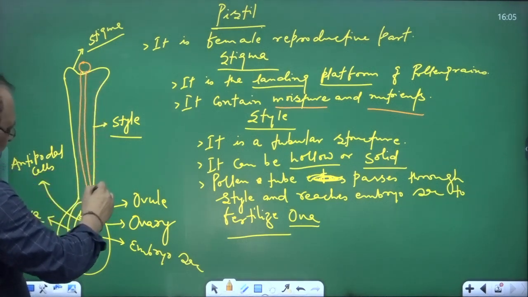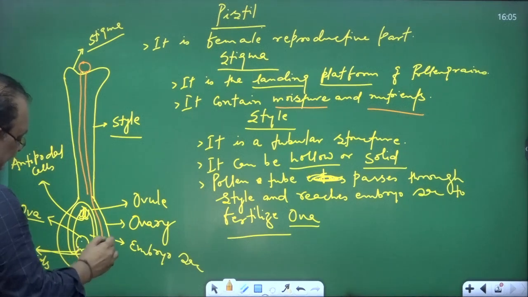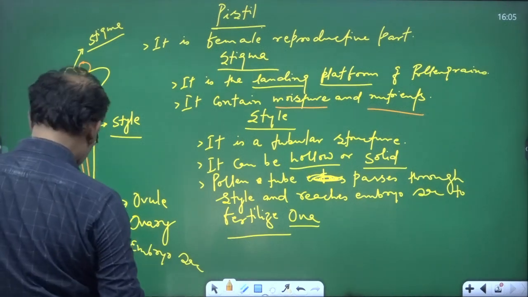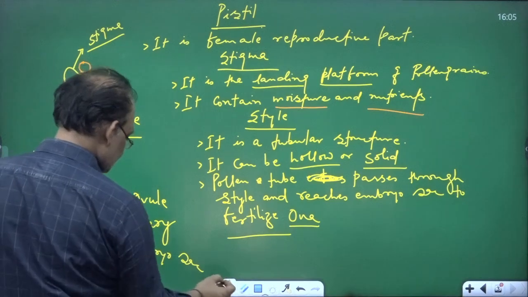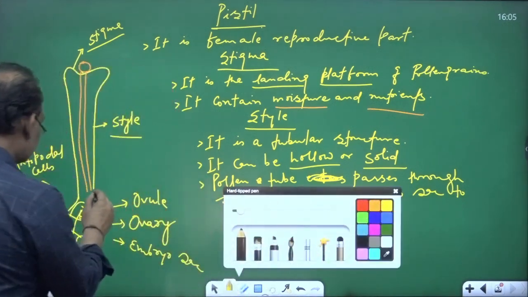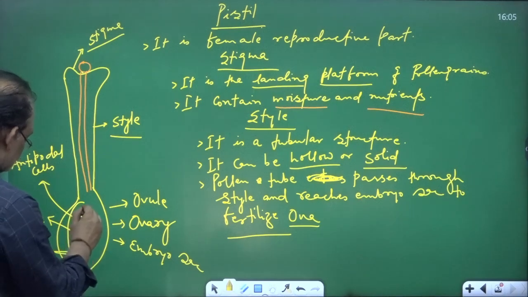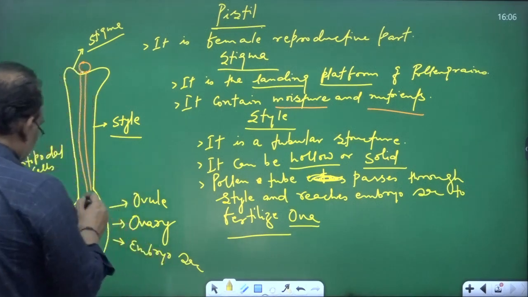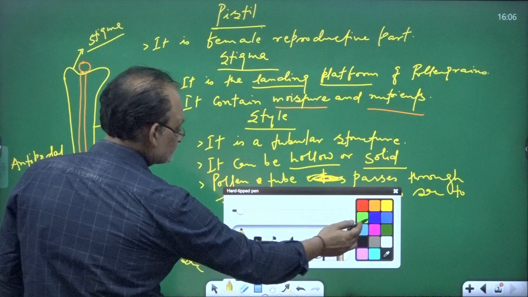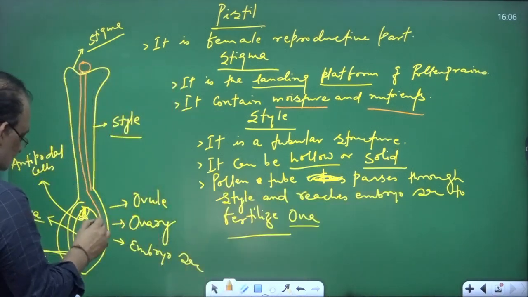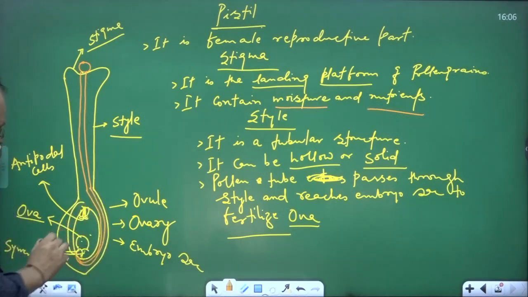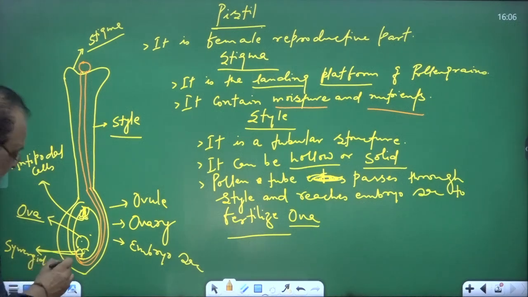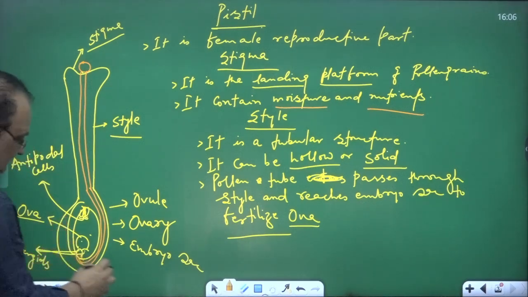It forms a pollen tube and then it goes like this and then it fertilizes. It contains actually two male gametes.